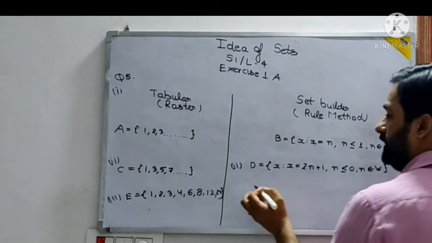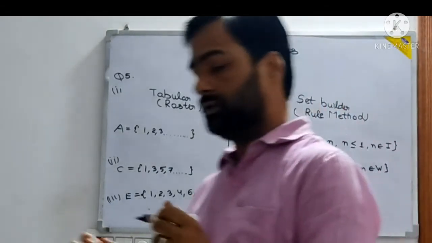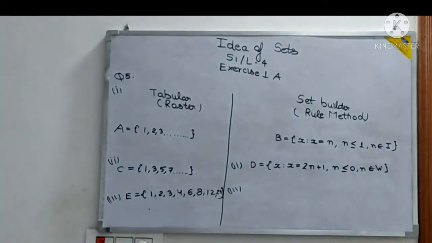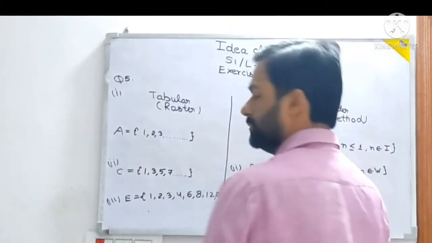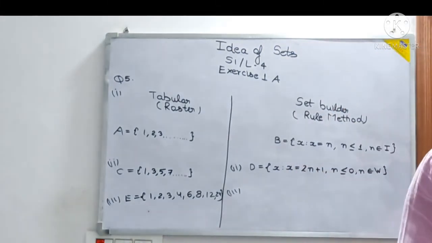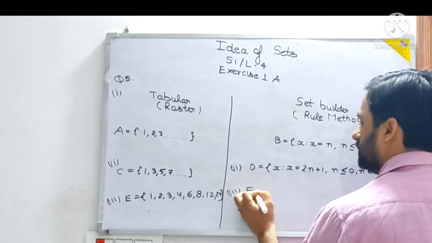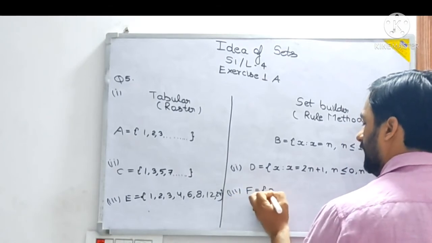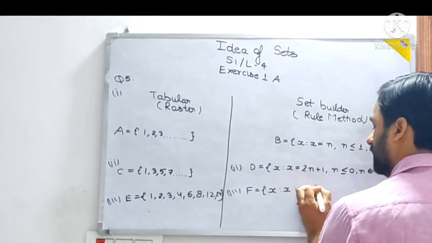So this is the set of factors. Factors means all those numbers which divide it exactly, right? For the set builder form we write F = {x such that x is a factor of 24}.